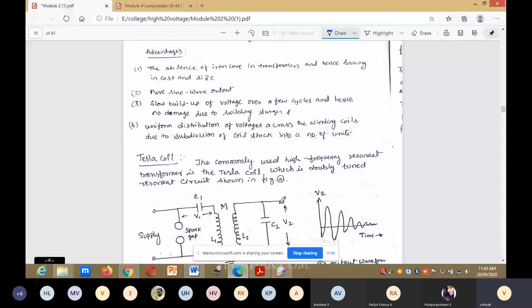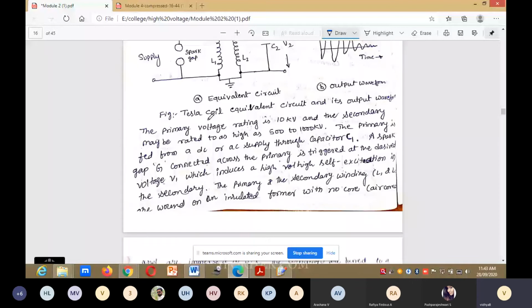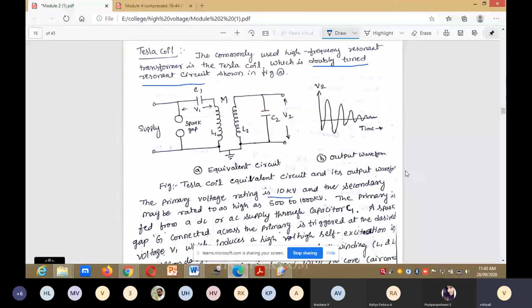In this Tesla coil, the primary voltage rating is 10 kV and the secondary may be rated as high as 500 to 1000 kV.